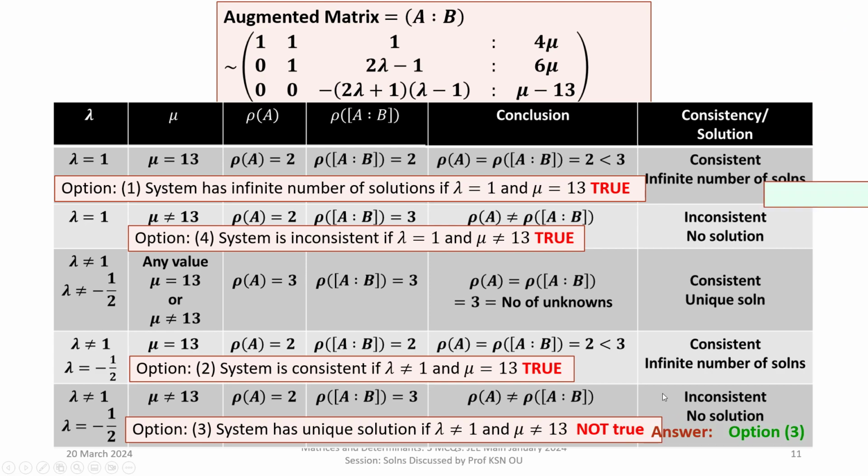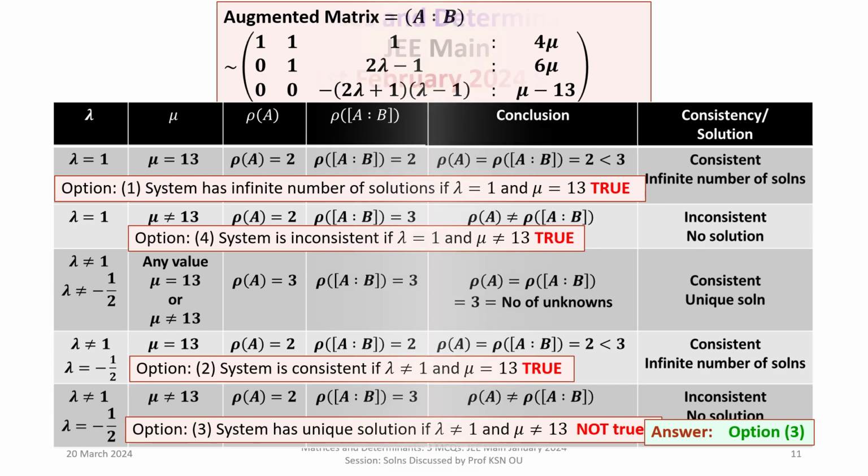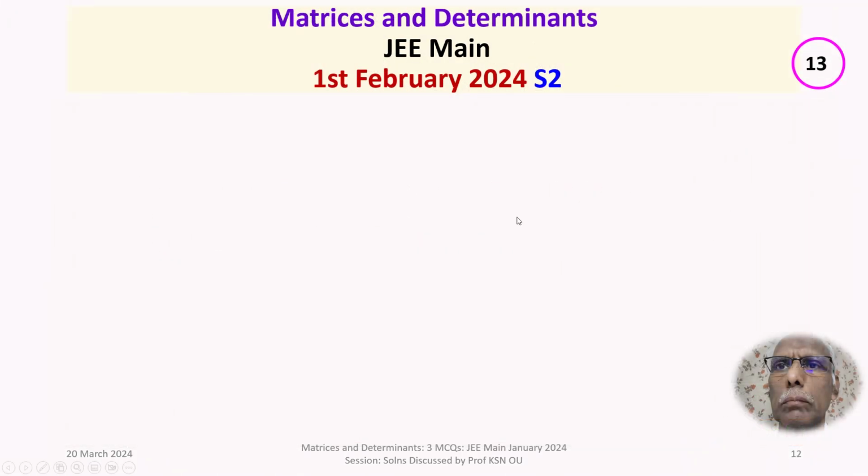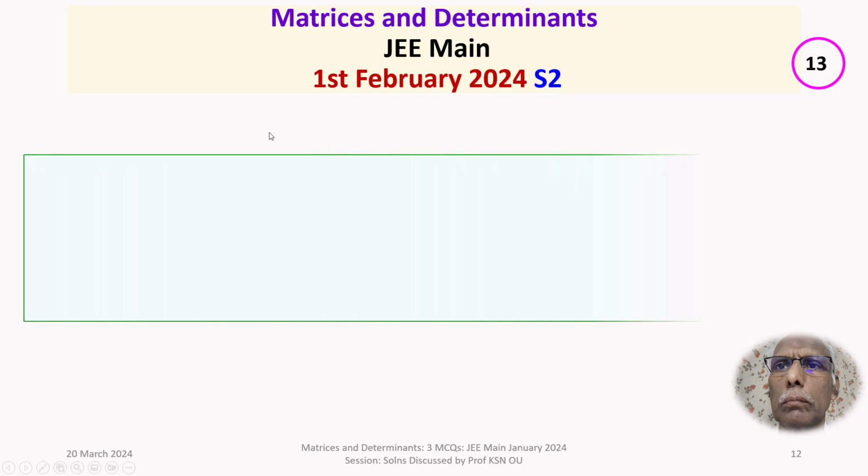So that is the detailed discussion of the solution of this problem, and I am sure that you have understood the solution of this question. We move to the third question, the last question in this discussion, and this question appeared in the JEE Main examination held on 1st February 2024, in the afternoon session, I mean the second session.